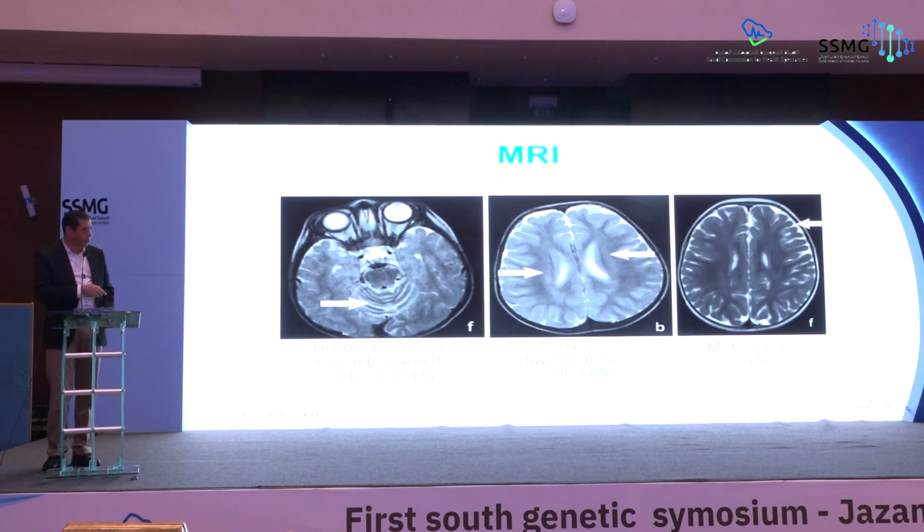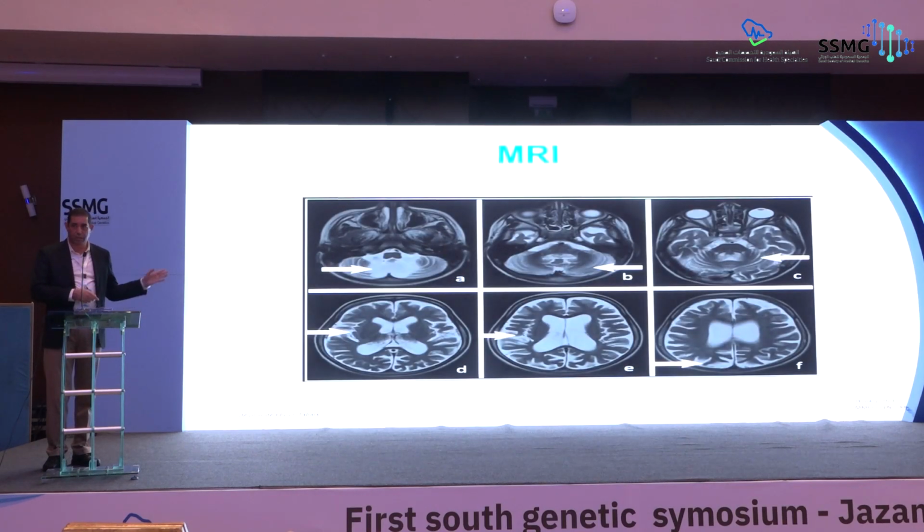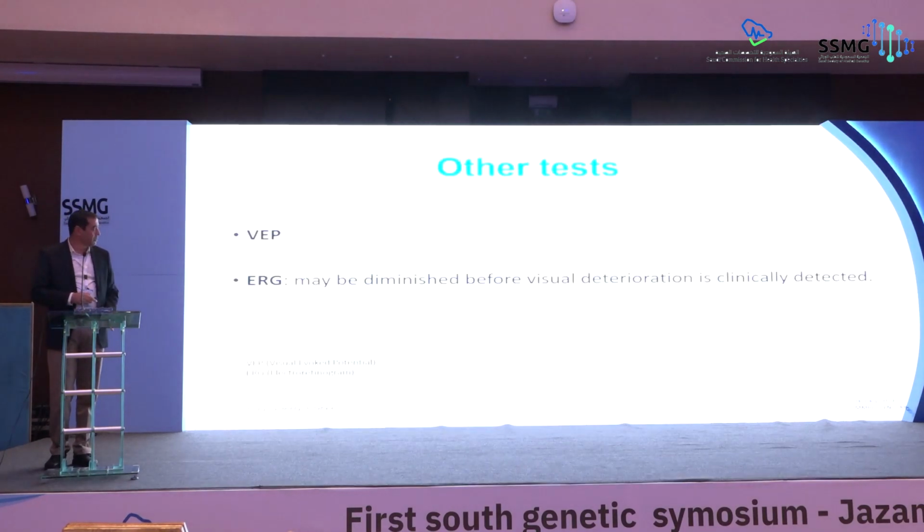If you compare this early stage to the late stage, you see advanced CLN2 with severe atrophy in the cerebellum, in the brain, and in all areas of the brain. To summarize, other tests that may help us, and usually are abnormal before the clinical presentation, are the visual involvement tests, visual evoked potential and ERG. Usually visual evoked potential and ERG are abnormal before the clinical presentation.